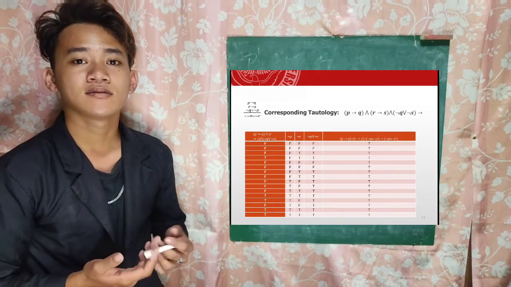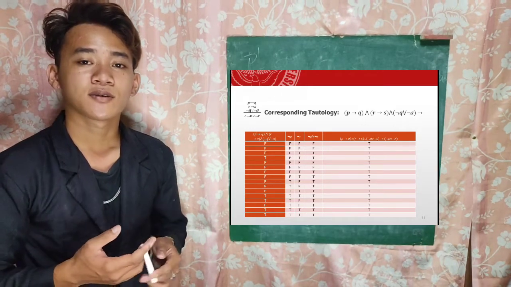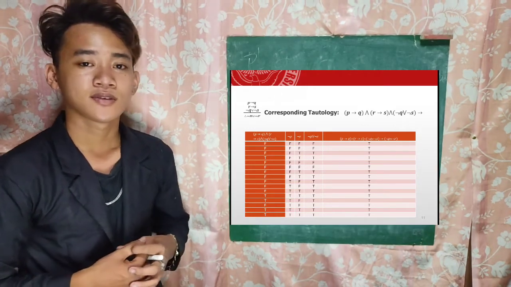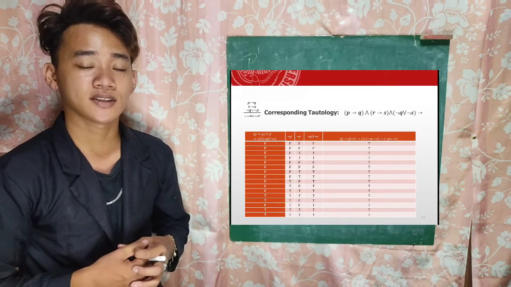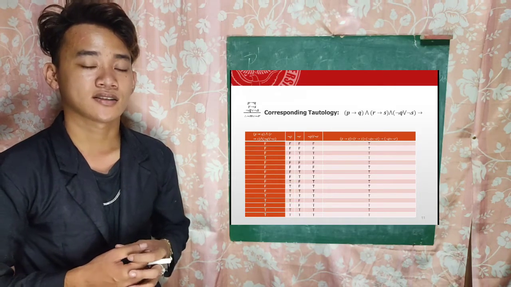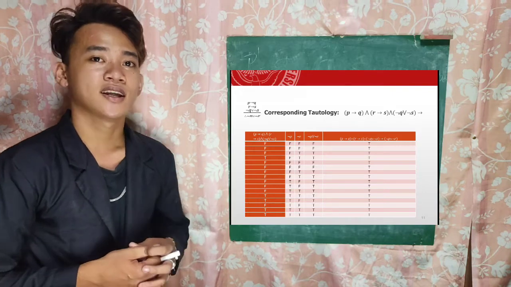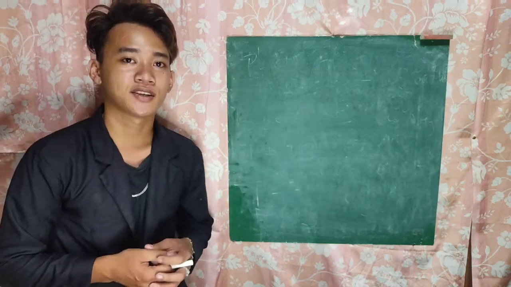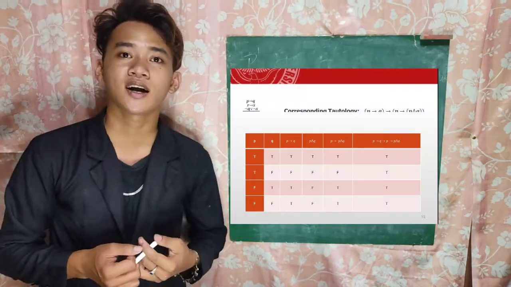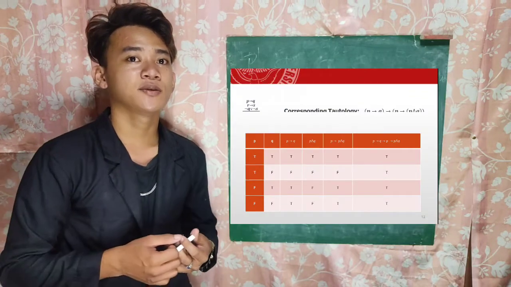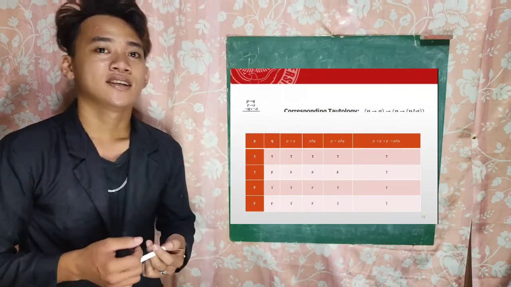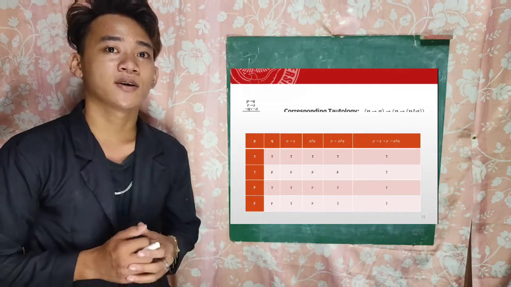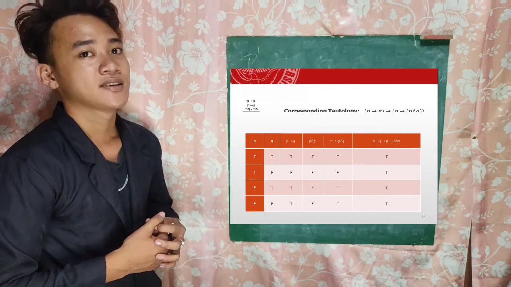Anyone, I will be requesting one of you to read if it is clear. Yes, thank you. Next, absorption. So P implies Q, R implies S, not Q or not S, therefore it is not P or not R.